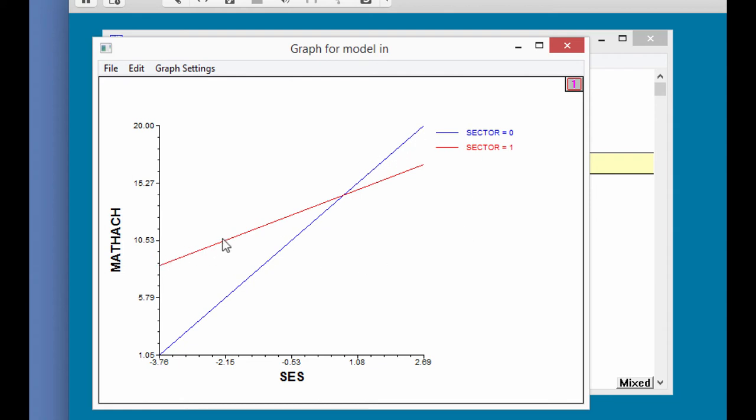You notice that the slope flattens out for Catholic schools as compared to public schools. That relationship is interesting in the sense that as public school students' average SES gets higher, their math achievement is higher than for Catholic schools.